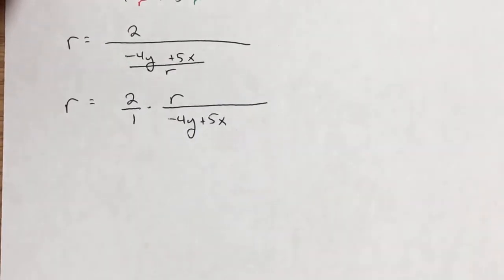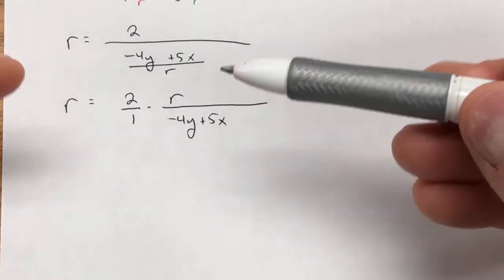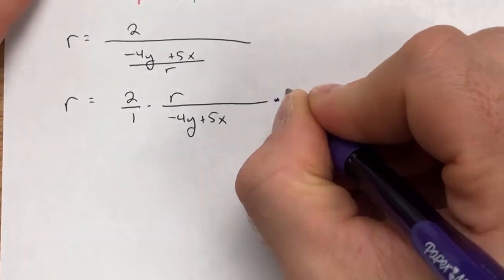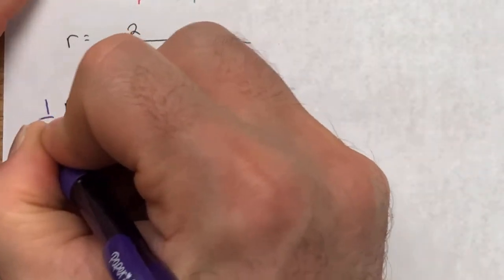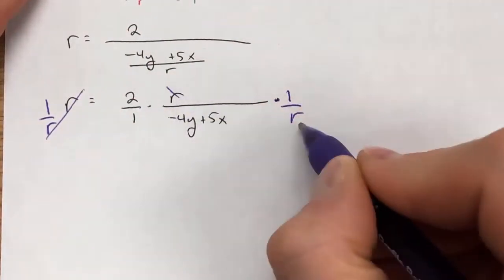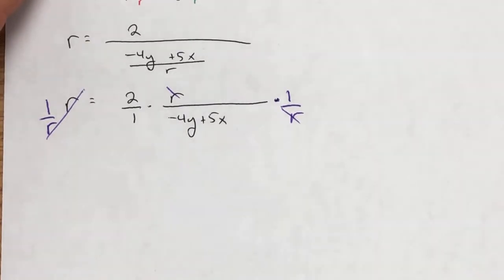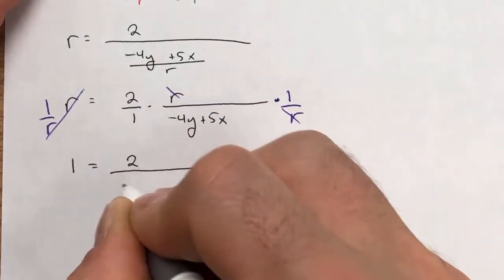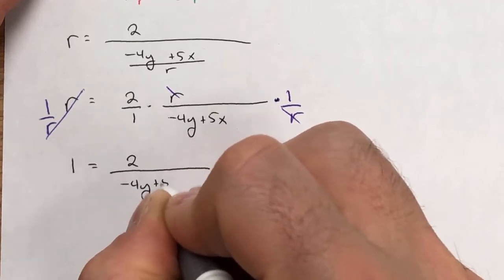Okay. My next step is to move these two together, but I notice that the r is in the top of both sides. So if I multiply both sides, let's do this in purple, times 1 over r, my r's cancel out. I do not have r anymore, and I'll have 1 equals 2 divided by negative 4y plus 5x.